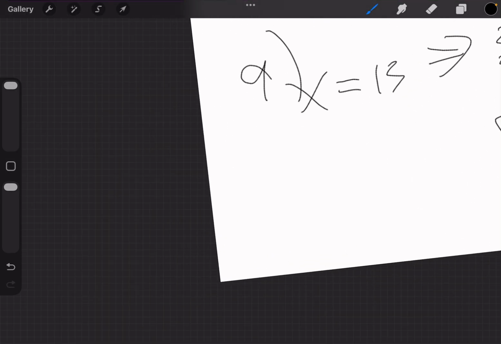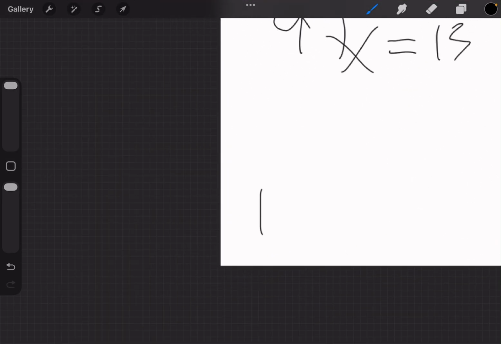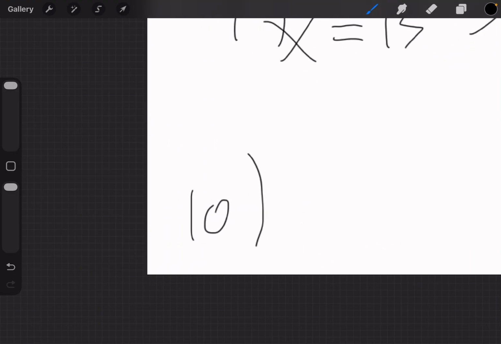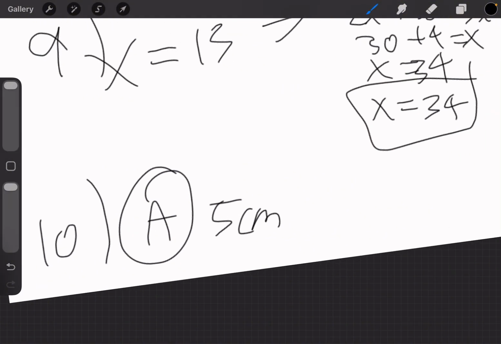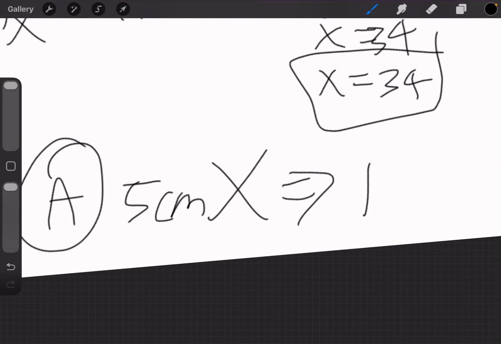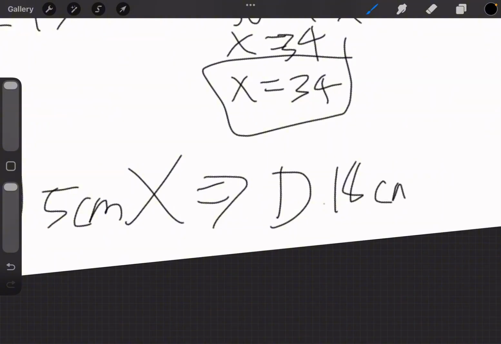Okay, so the next question I got wrong was 10, and it says BD is the perpendicular bisector of AC. What is the perimeter of triangle ABC? For this I chose A, which is 5 centimeters. I was wrong, and it is actually D, which is 18 centimeters.